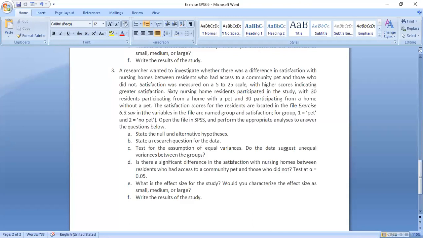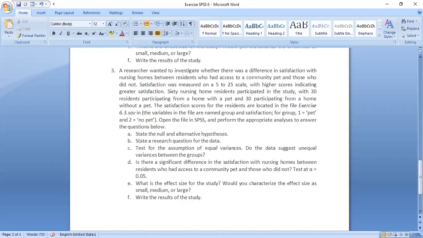The satisfaction scores for residents are located in file 6.3.sav. The variables in the file are named group and satisfaction. For group, 1 is pet and 2 is no pet. Open the SPSS file and perform the appropriate analysis to answer the questions below.